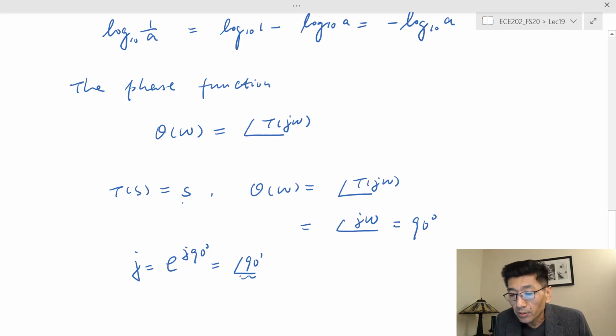Okay, so that's basically the very short introduction of Bode plots, and we're going to see the plots for the basic functions. Today's lecture really has very simple math, but if you understand the concept, this is a very useful tool for the future when you do control.